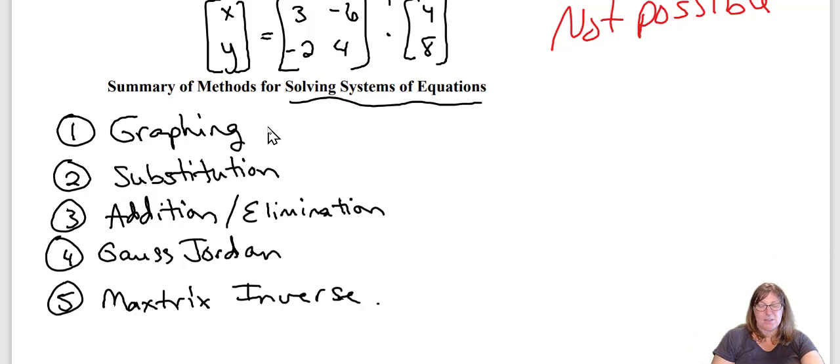Using the inverse of a matrix doesn't work if the inverse doesn't exist. Okay? Those are our options. That's how we can solve systems of equations. You have a lot of flexibility in what you can do. So choose wisely when you are given a system of equations, based on the techniques and the reasons for various things that we talked about.